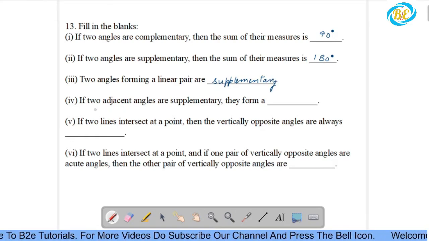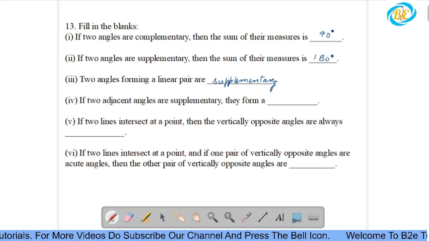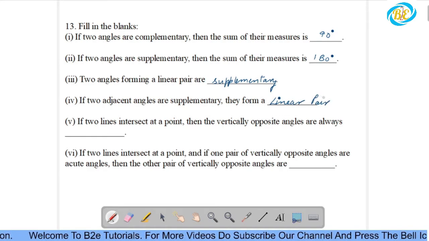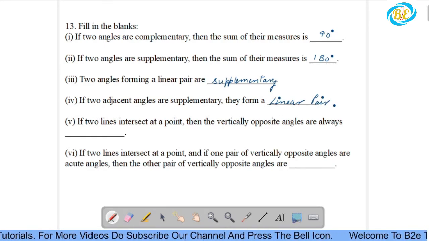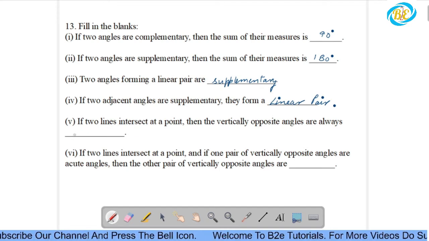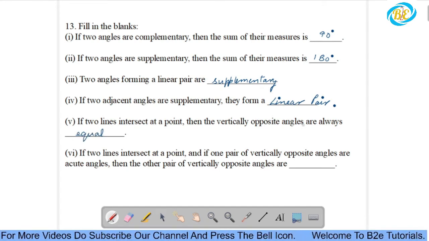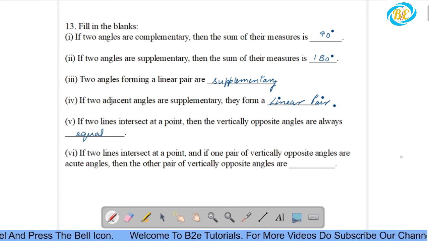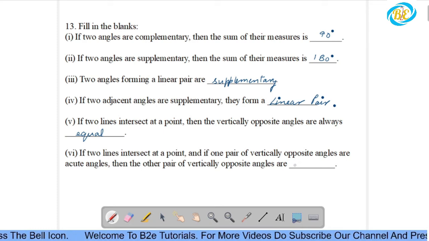Fourth part, if two adjacent angles are supplementary, they form a linear pair. Fifth, if two lines intersect at a point, then the vertically opposite angles are always equal. Sixth part, if two lines intersect at a point and if one pair of vertically opposite angles are acute angles, then the other pair of vertically opposite angles are obtuse angles.